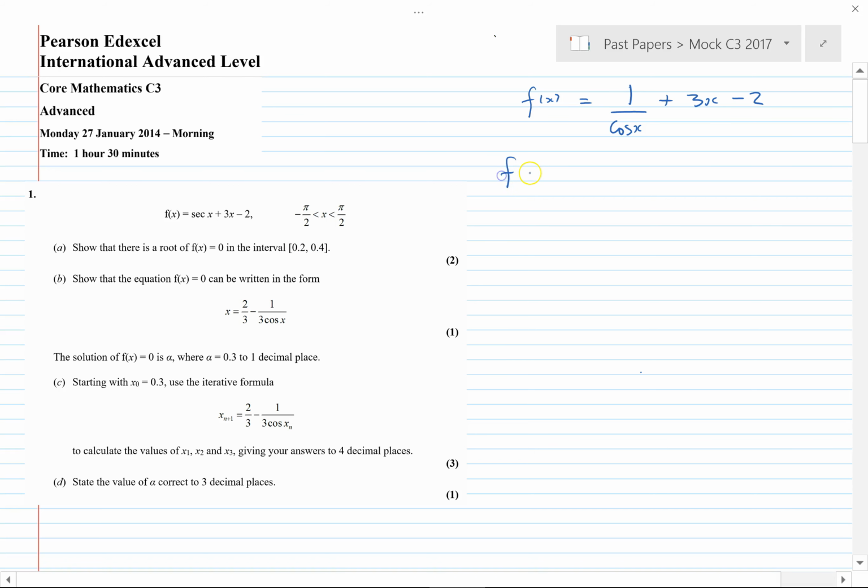So if we put f of 0.2 in, that's 1 over cos 0.2 plus 3 times 0.2 minus 2. Now that comes to minus 0.4.